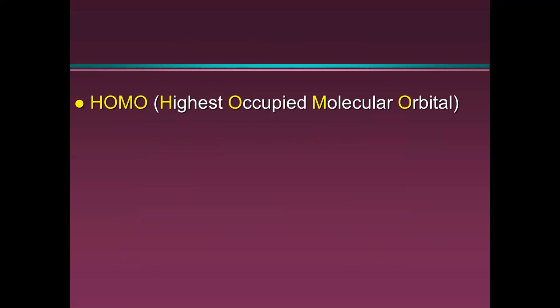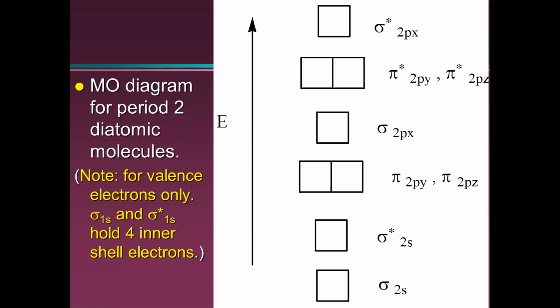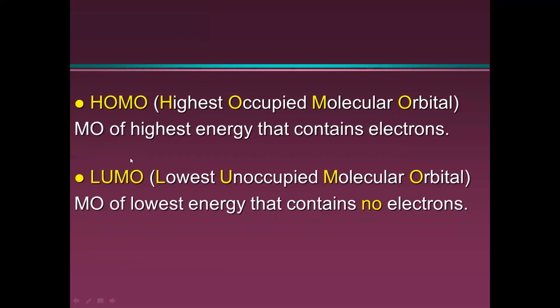Okay, the last pair of terms is HOMO and LUMO. They are very important. You will frequently see HOMO and LUMO when you read the literature or do research in the field of chemistry. HOMO means the highest occupied molecular orbital.